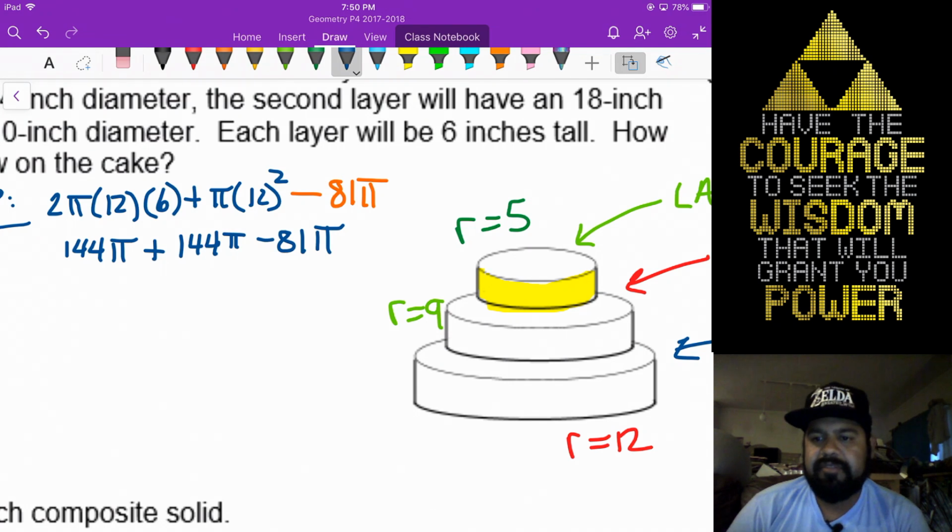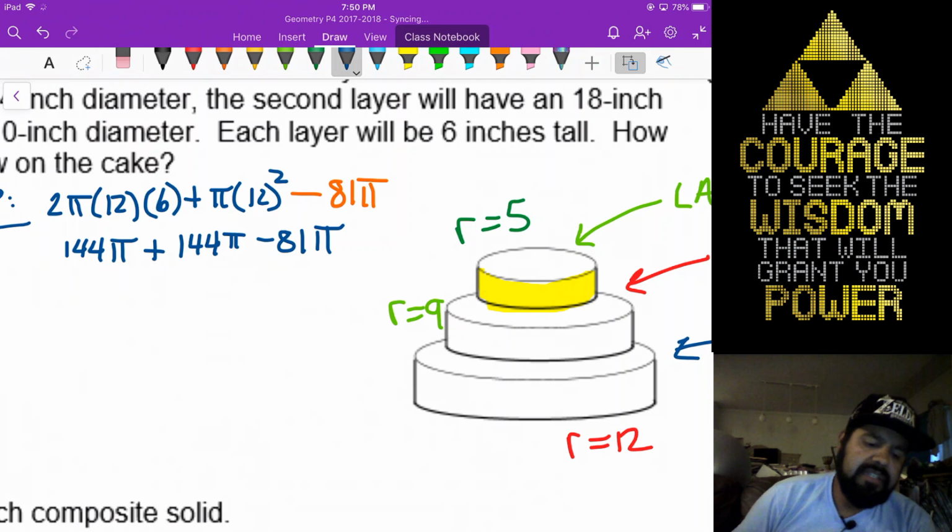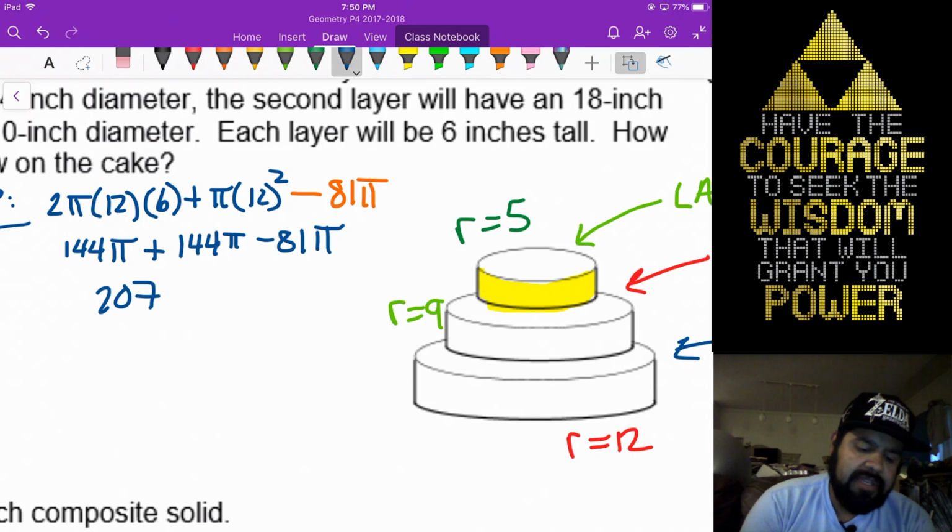This moment of silence was brought to you by math. 207, yeah. So let's see here, 207 pi.